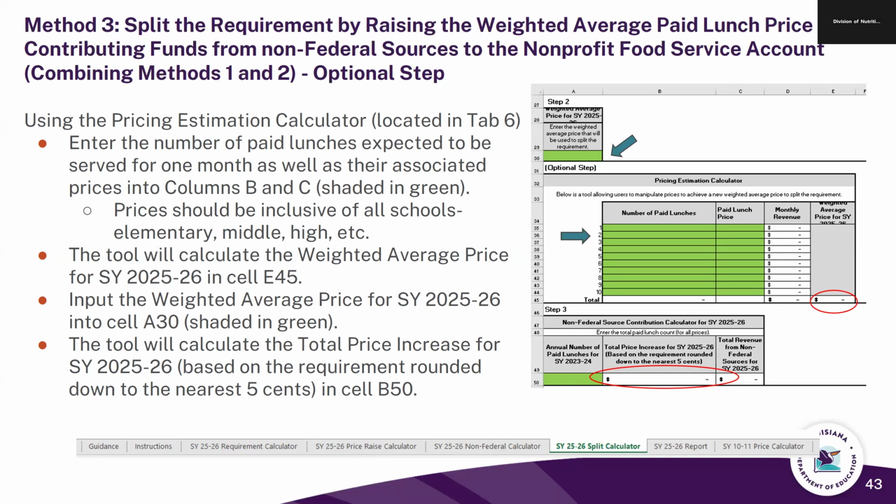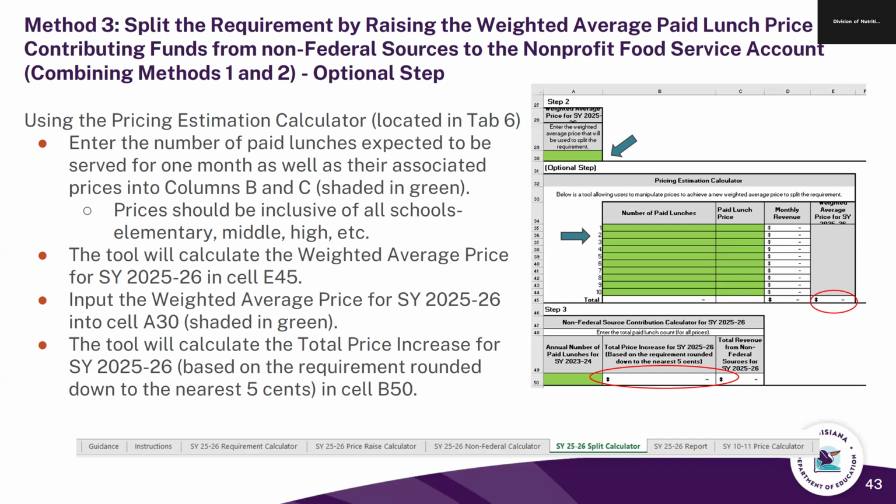So the optional step for method 3 is you're going to use the pricing estimation calculator, which is located on tab 6. And SFAs will enter the number of paid lunches expected to be served for 1 month, as well as their associated prices, into columns B and C that are shaded in green with the arrow here. Prices should be inclusive again of all school and all grade levels. The tool will then calculate the weighted average price for 25-26 into cell E45, which is circled.